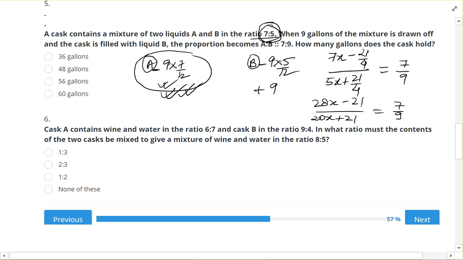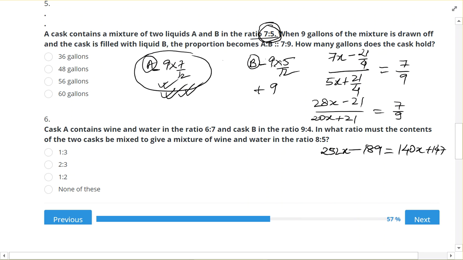So now I am going to do this calculation. It is 252x minus 189 is equal to 140x plus 147.